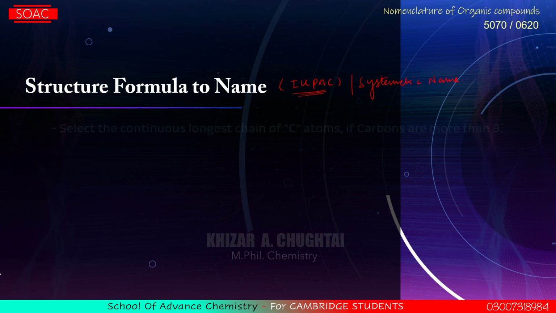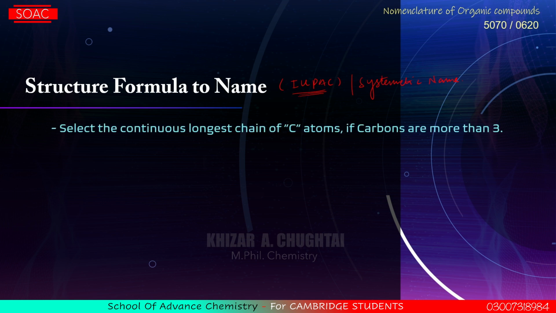Rule number 1: select the continuous longest chain of carbon atoms if the carbon atoms are more than 3. If the molecule has more than 3 carbons, then choose the continuous longest chain of carbon atoms.